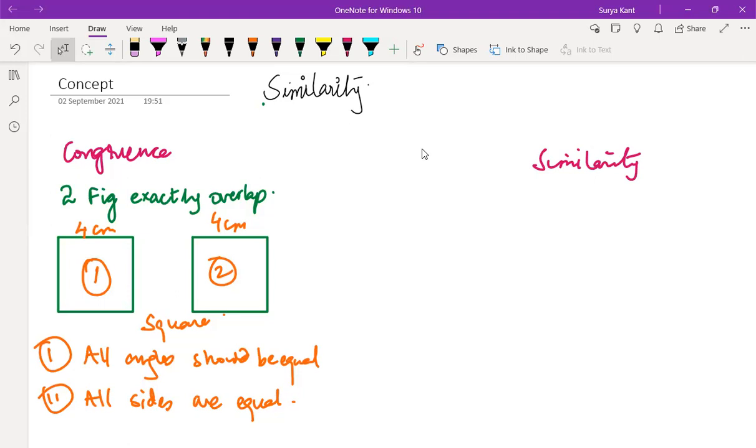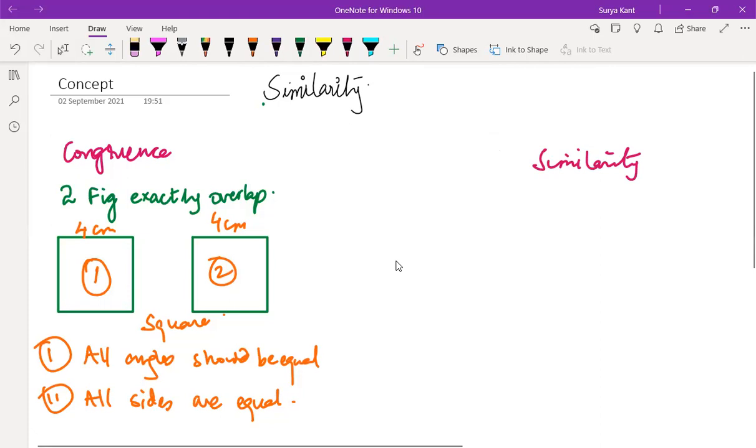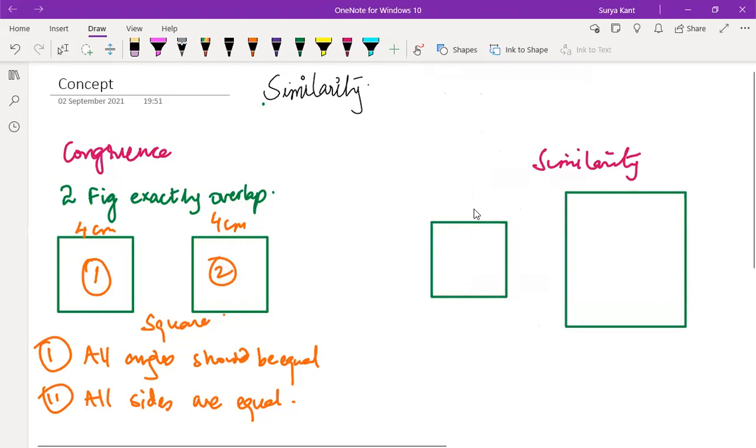In similarity, what happens, children? What is similarity? I'm giving one example here. This is the first figure, a square only, and the second figure is a bigger square.